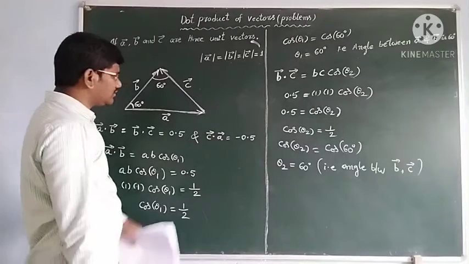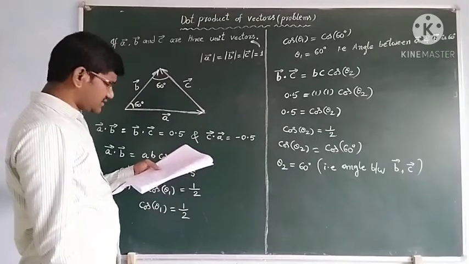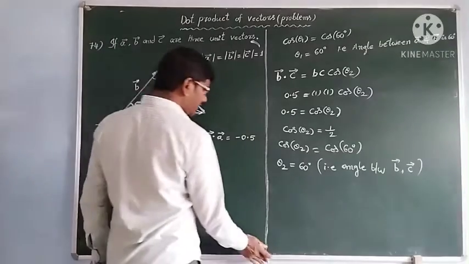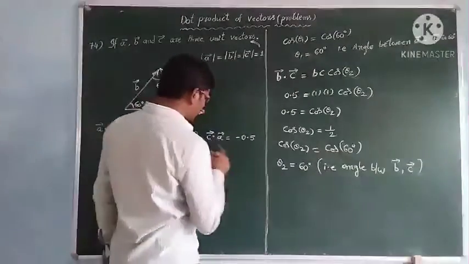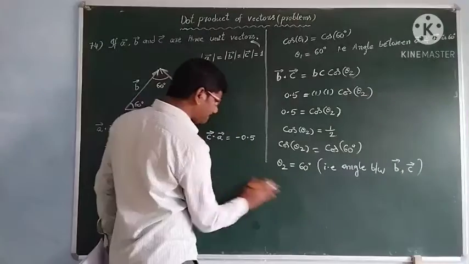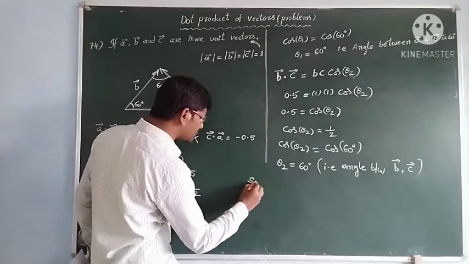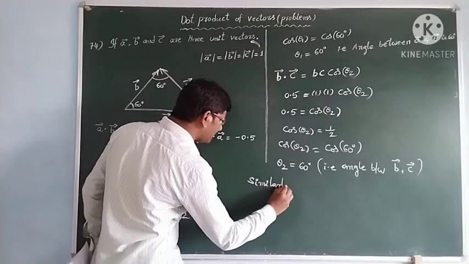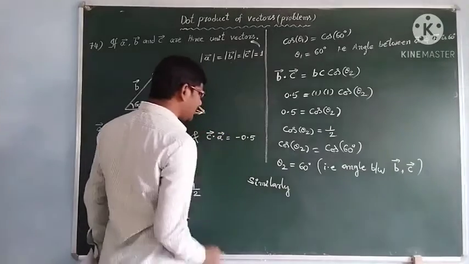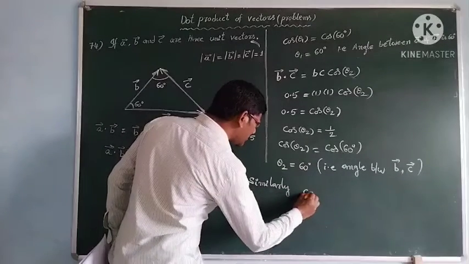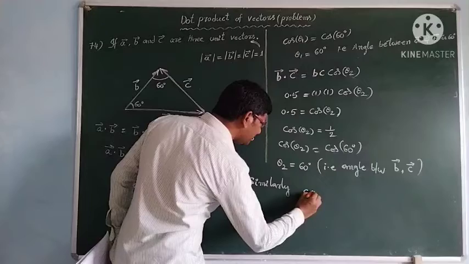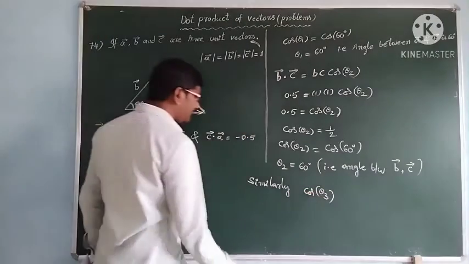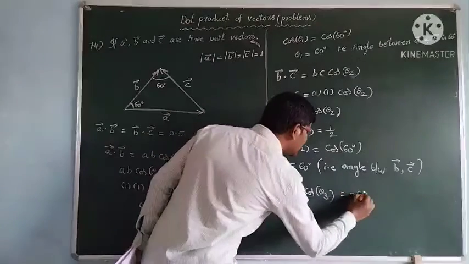Okay, then, and you see students, the next one, c bar dot a bar is equal to minus 0.5 they have given. So c bar dot a bar means c a cos theta, so that is cos theta 3, let it be some cos theta 3. Its value is equal to minus 0.5.